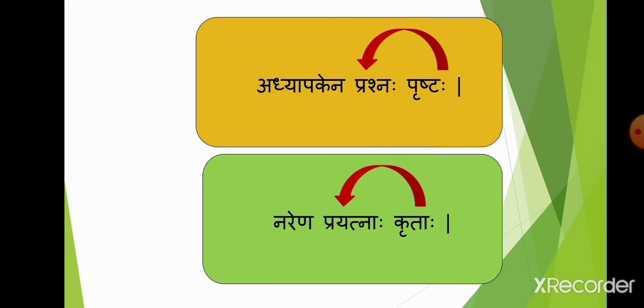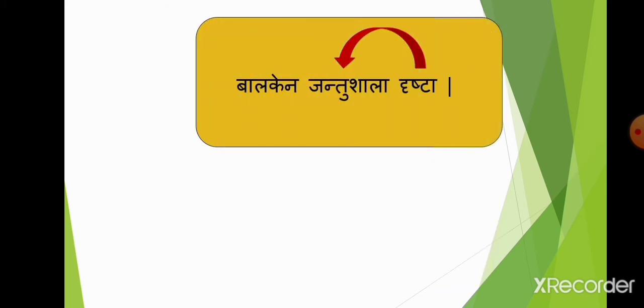In this sentence, the word prayatnaha is used in pullingam bahuvachanam, so the form krutaha is also used in pullingam and bahuvachanam. Balakena jantushala drushta. As the word jantushala is used in strilingam ekavachanam, drushta is also used in strilingam ekavachanam.